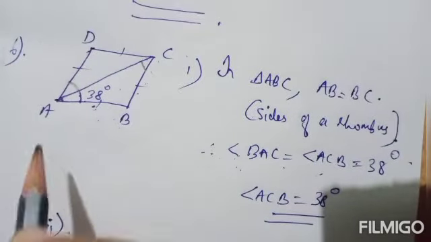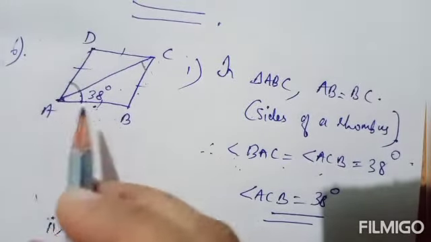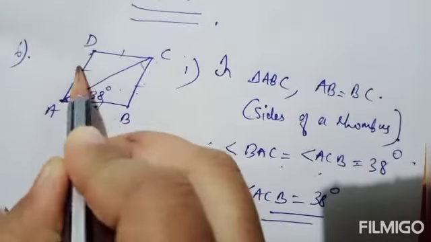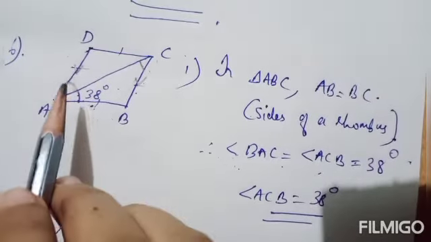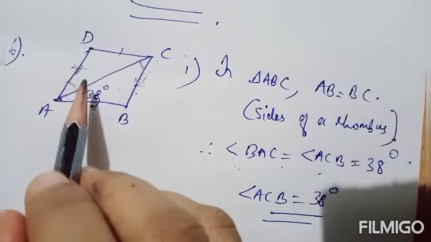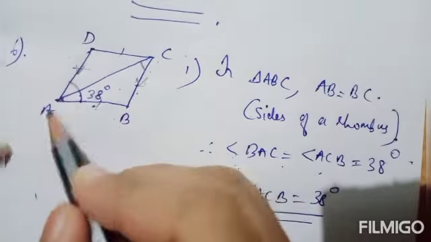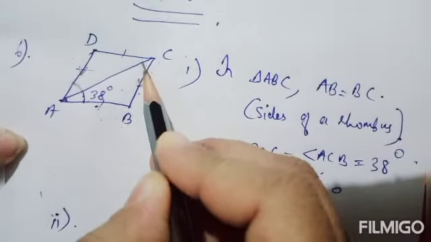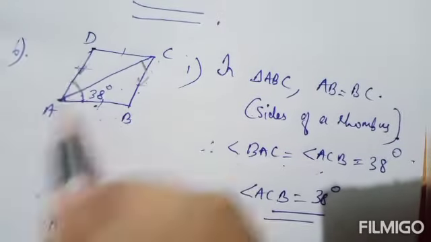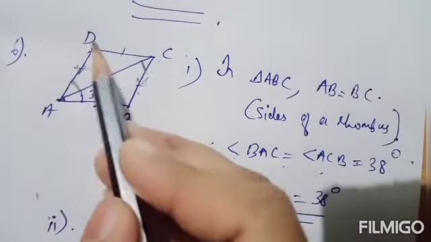Now you know a rhombus is a parallelogram, so opposite sides will be parallel. Opposite sides of a rhombus are parallel. So if AD is parallel to BC, then angle ACB and angle DAC form alternate angles, that is, Z angles.